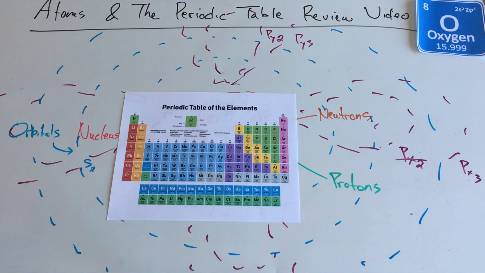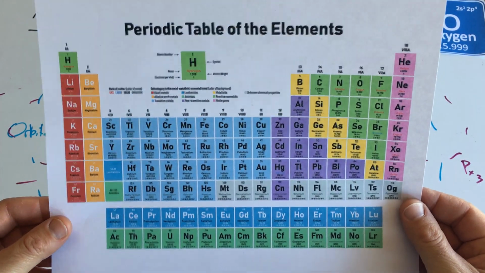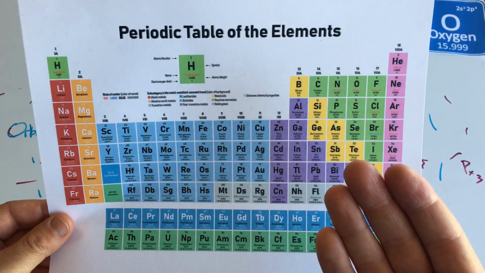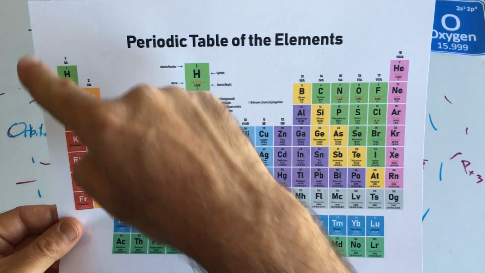So the periodic table of elements, that's kind of the last bit that we have to do today. The first thing we note is it looks nuts. It doesn't make sense. Why is there a gap here? Why not just make it a nice little rectangle, right?